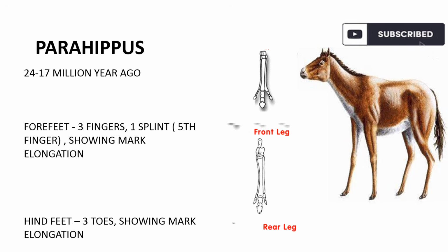Now is Parahippus. Parahippus originated from 24 to 17 million years ago. It has 3 fingers in forefeet and 3 toes in hind feet. And here elongation has been seen in both forefeet as well as hind feet.